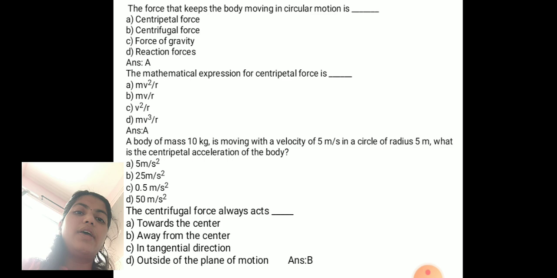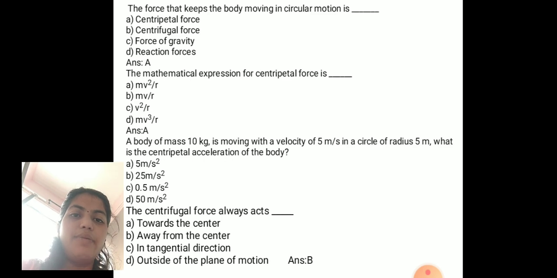Now, the centrifugal force always acts towards the center, away from the center, in a tangential direction, or outside of the plane of the motion. Centrifugal force and centripetal force are the same force but act in opposite manners.